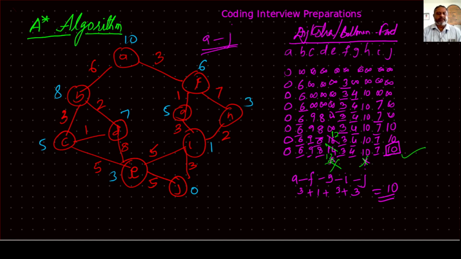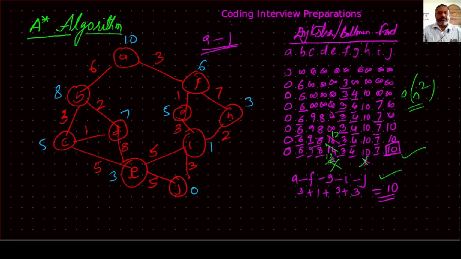So that says that you go from A to F, F to G, G to I to J. Yeah, that's one. Now if you look at it, we are going to work with n square workspace, and so hopefully the work is out of n square.